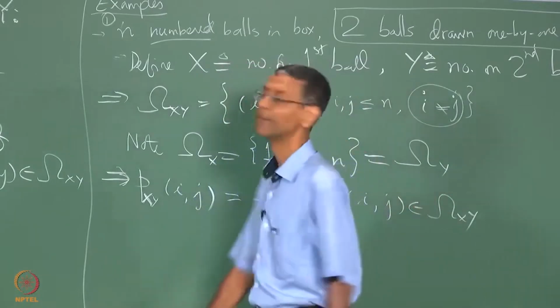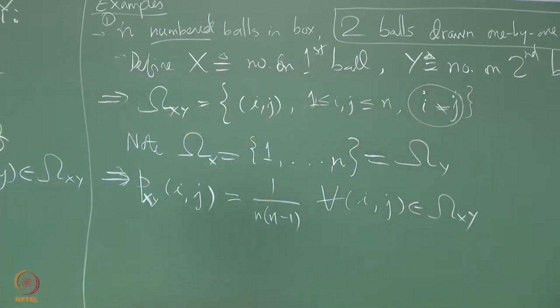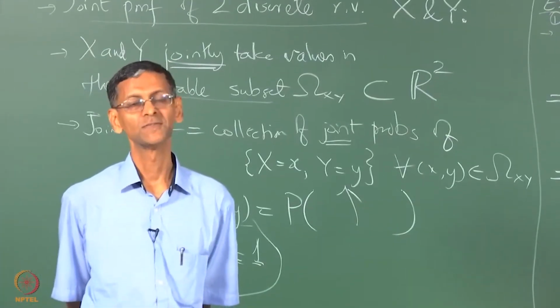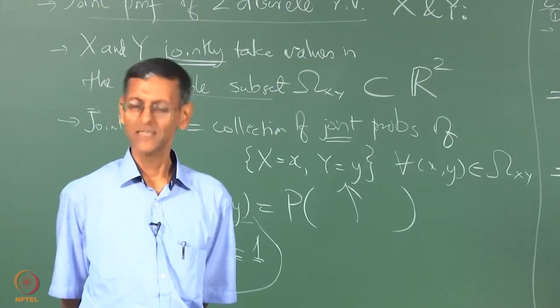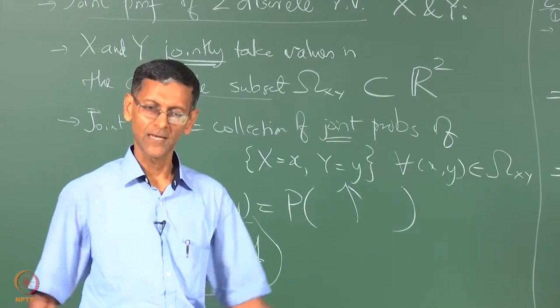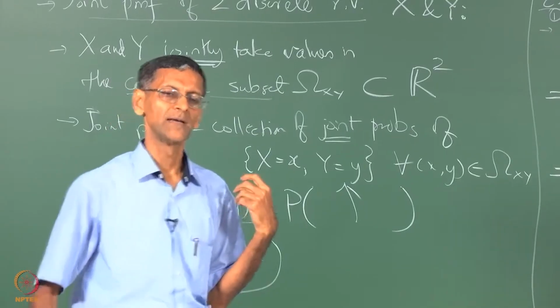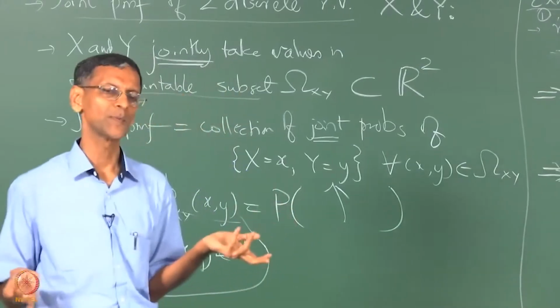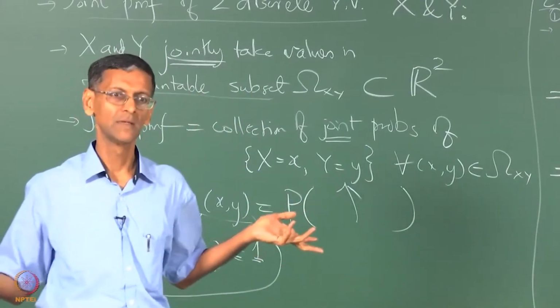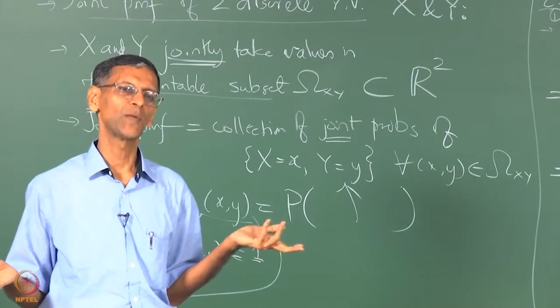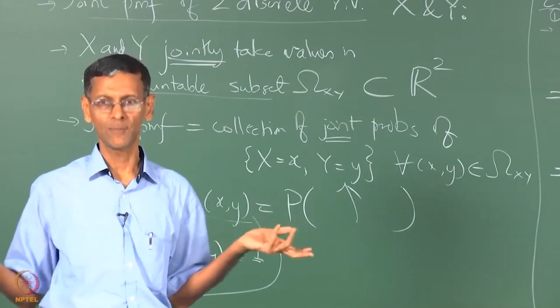How do I know this? It's obvious, or not so obvious? We have done this earlier. So you draw the first ball, and supposing what is the probability that x equal to i? 1 by n. So given that x equal to i, what is the probability y equal to j? For j not equal to i, it will be 1 by n minus 1.